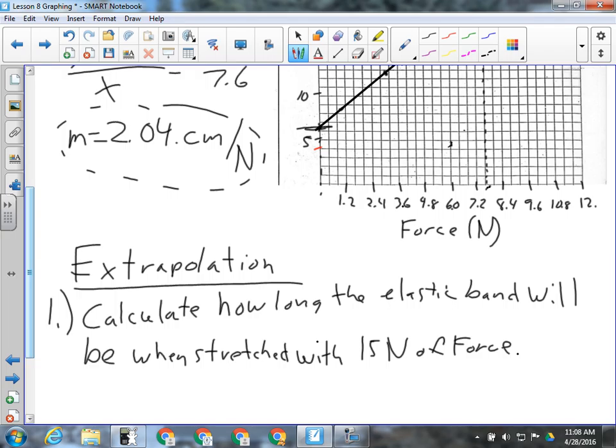We want to calculate how long the rubber band will be when stretched with 15 newtons of force, a value that is beyond the end of our graph.